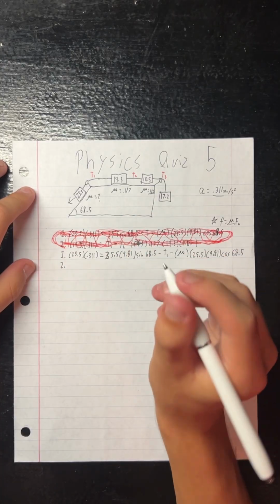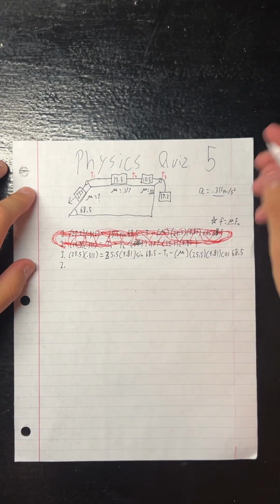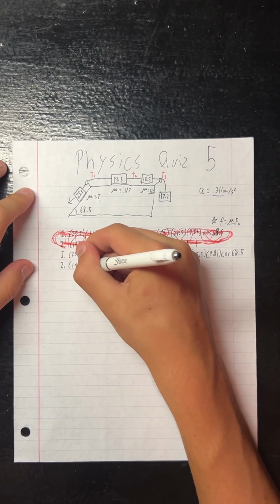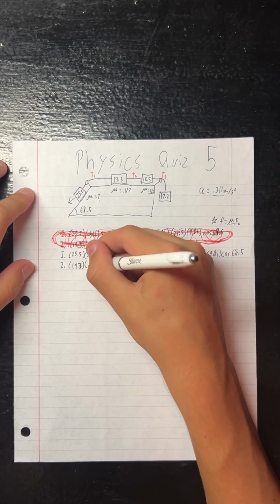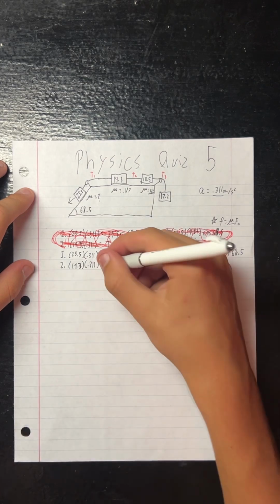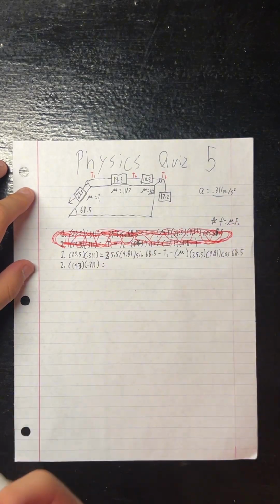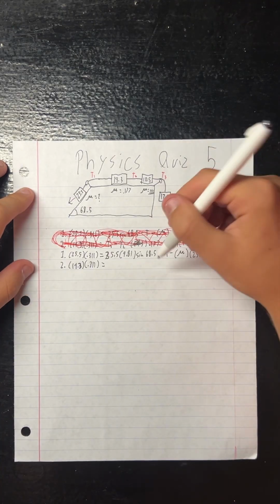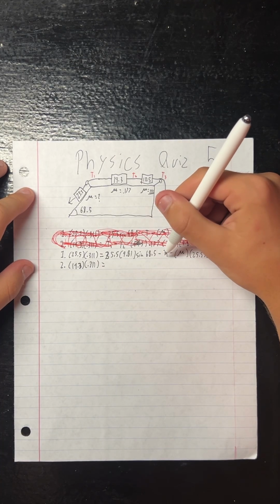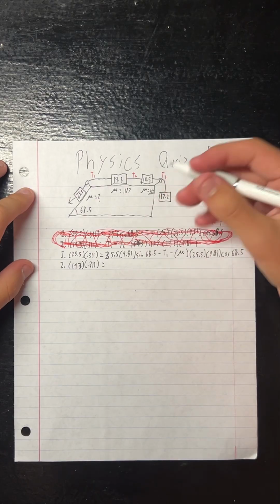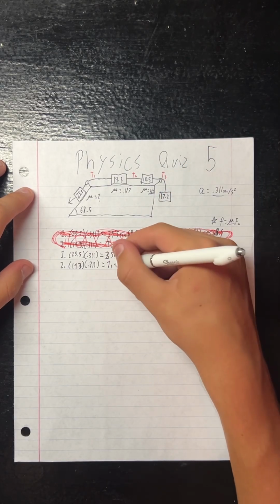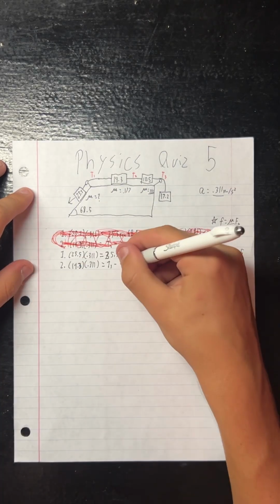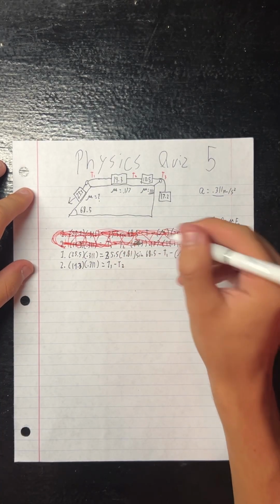Then the second one we set up is for the 14.3 box. So once again, ma: 14.3 times 0.311, because that's the net force, equals, so let's think about this. We need to cancel out the T1. So what do we need? We need a positive T. So it's T1 minus T2.